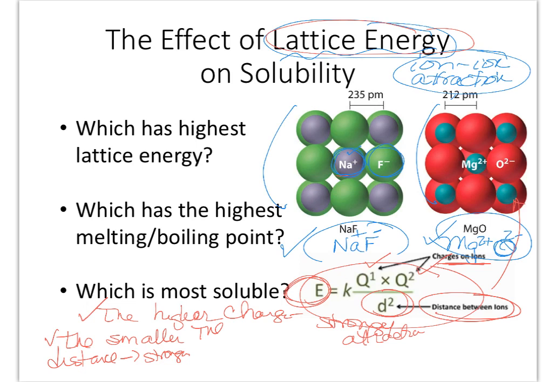So let's compare these again. It's very clear that magnesium oxide has a much higher charge. The cation and the anion both have an absolute value charge of 2, whereas sodium fluoride only has a +1 and -1 charge. So magnesium oxide wins from the charge point of view.